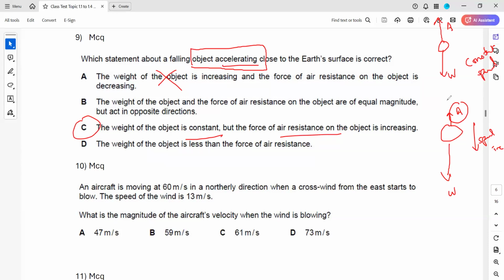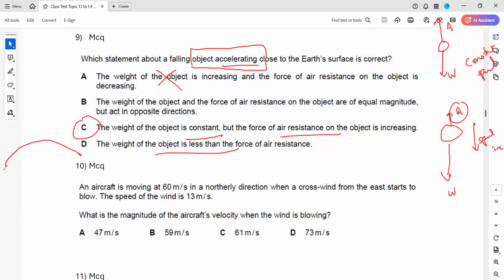If an object is moving at a slower speed, the air resistance will be lower. If an object moves at a high speed, the air resistance will increase as well. So air resistance depends on the speed of the object and the surface area. Smaller surface area, lower air resistance; smaller speed, lower air resistance. And the last one, weight of an object is less than the air resistance, this is valid if it is using a parachute.